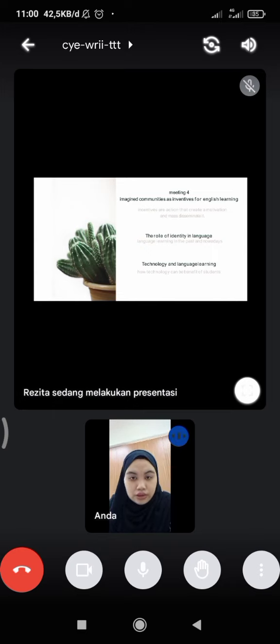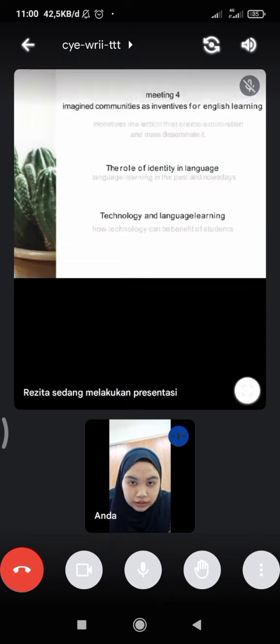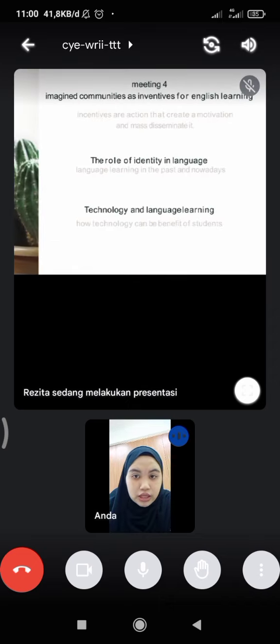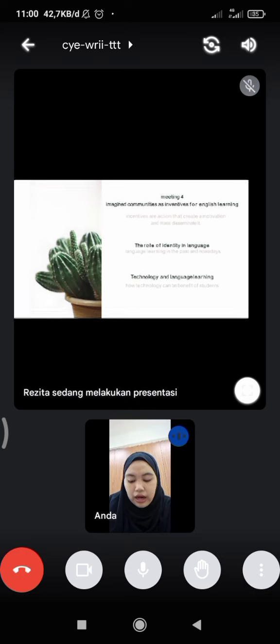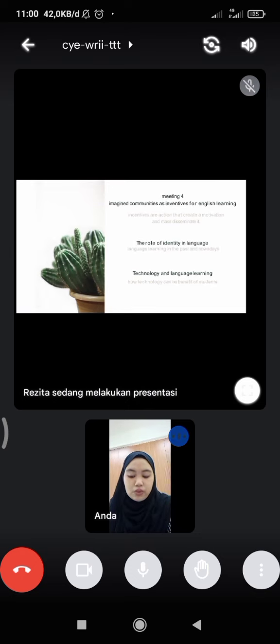And the third is technology and language learning. It's how technology can benefit students. Gee and Devi, an Indian linguist, emphasize the way technology enhances communication and changes the language and culture of a group. Fitzgerald sees technology as a way to benefit relationship and communication.